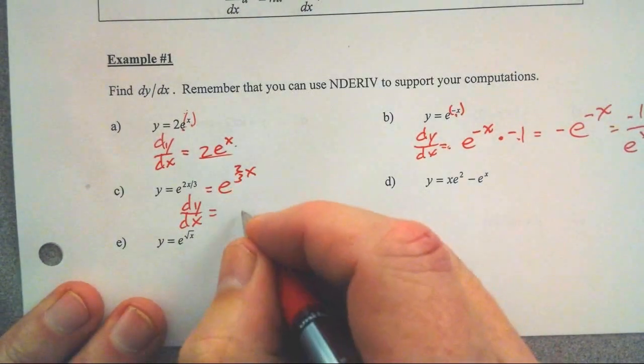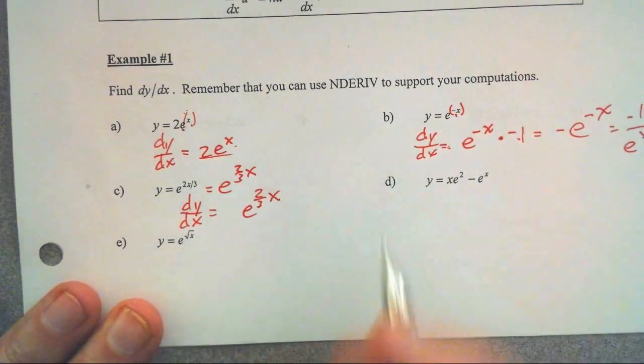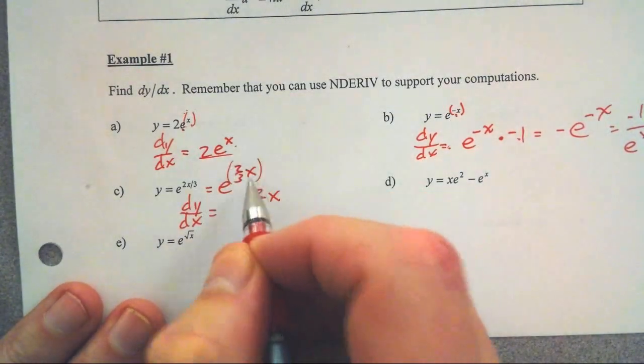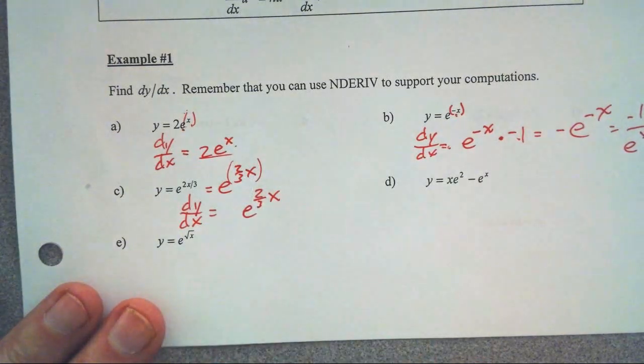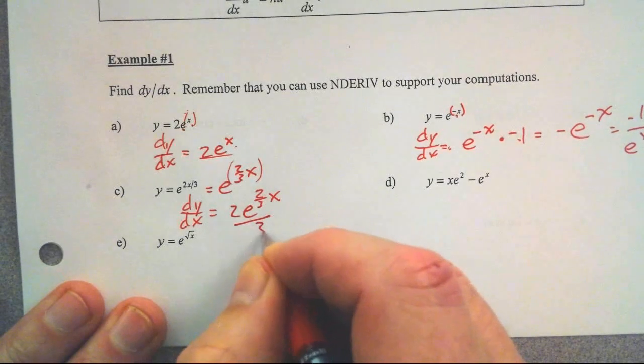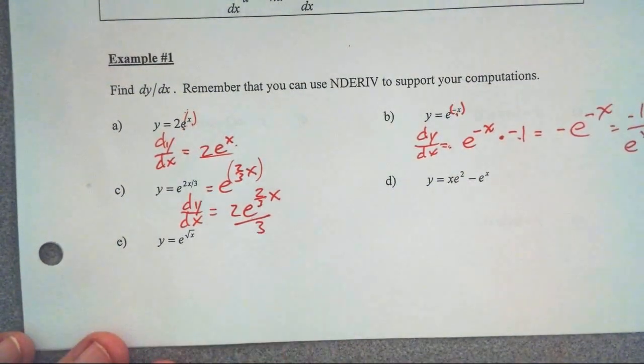E to the wants to stay e to the. But we have to multiply that by the baby derivative. So that is times 2/3. You could put 2/3 out in front of this or make this 2 on 3. 2/3 times e to the 2/3 x.